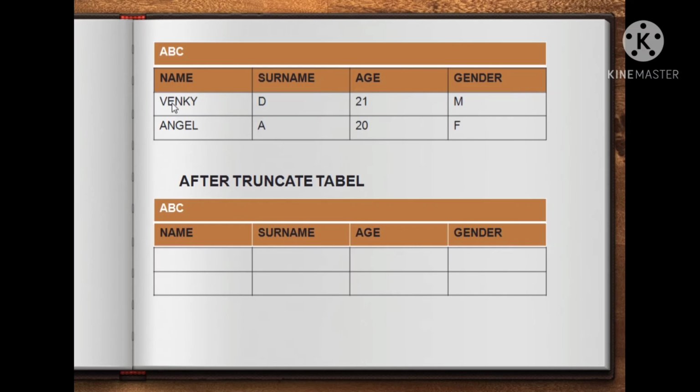These are the columns available in the ABC table. After using truncate, the columns name, surname, age, gender are still available, but the entire data will be removed from the table. You see the first row and second row are deleted. That means all the rows will be deleted after using truncate.